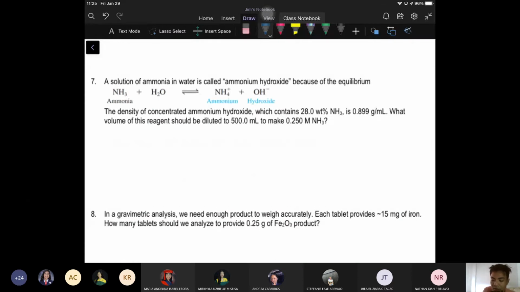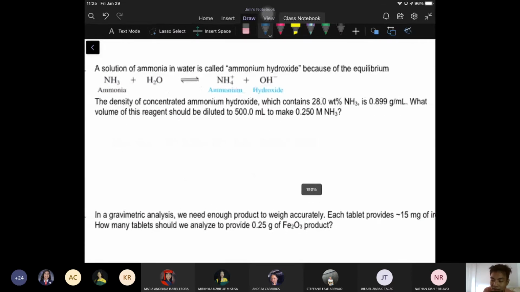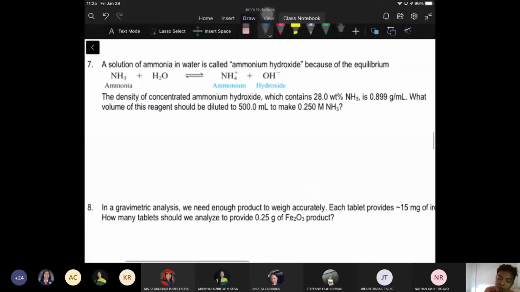Let's have number 7. Read: A solution of ammonia in water is called ammonium hydroxide because of the equilibrium in which ammonia in water forms ammonium ion and hydroxide anion. Okay? So that's basic, because there is hydroxide.